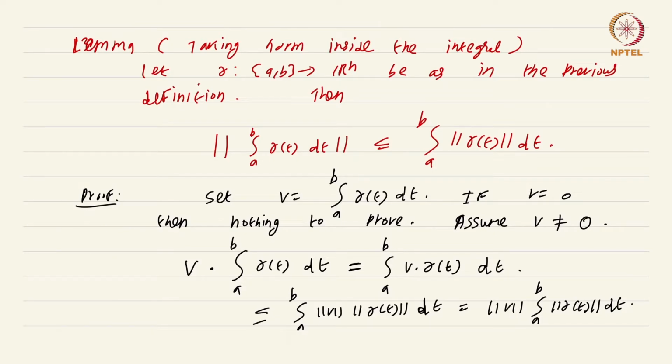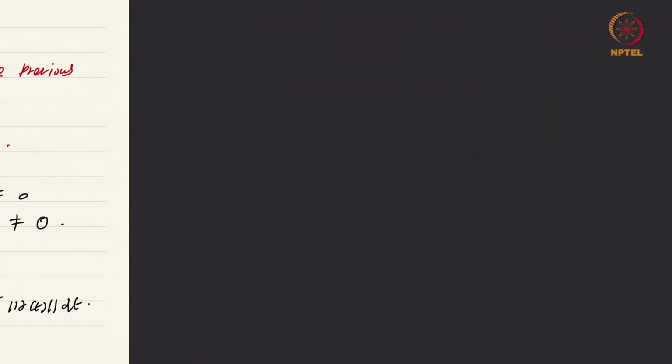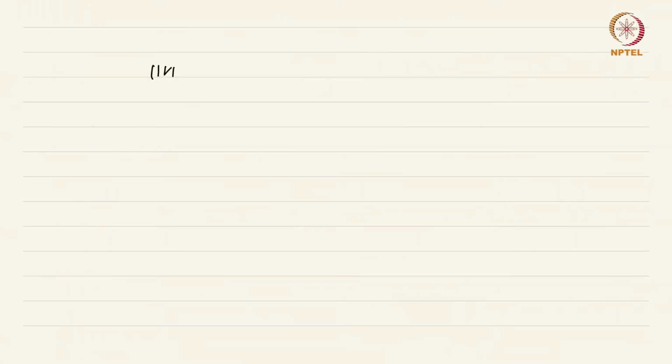Now observe that the left hand side, what we started off with, is nothing but norm v squared. So what we get is norm v squared is equal to norm v integral a to b norm gamma of t dt. And of course I can cancel off one of the norm. This is not equal to, this is less than or equal to, sorry about that.